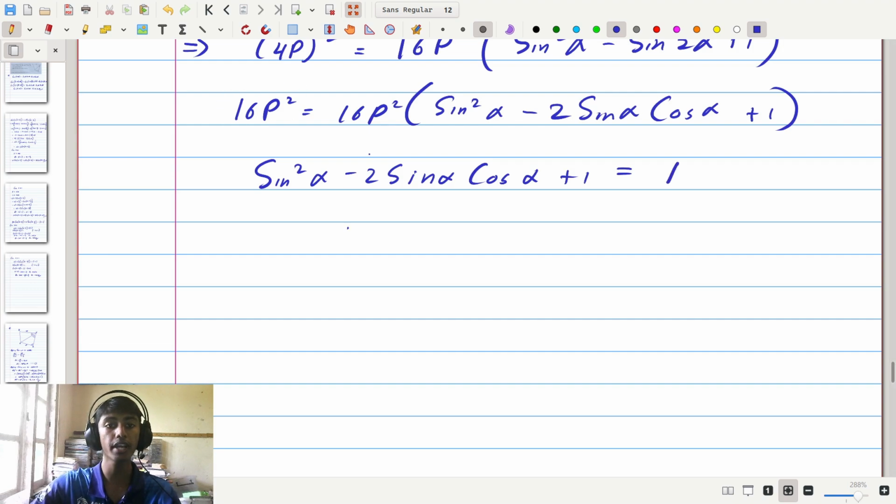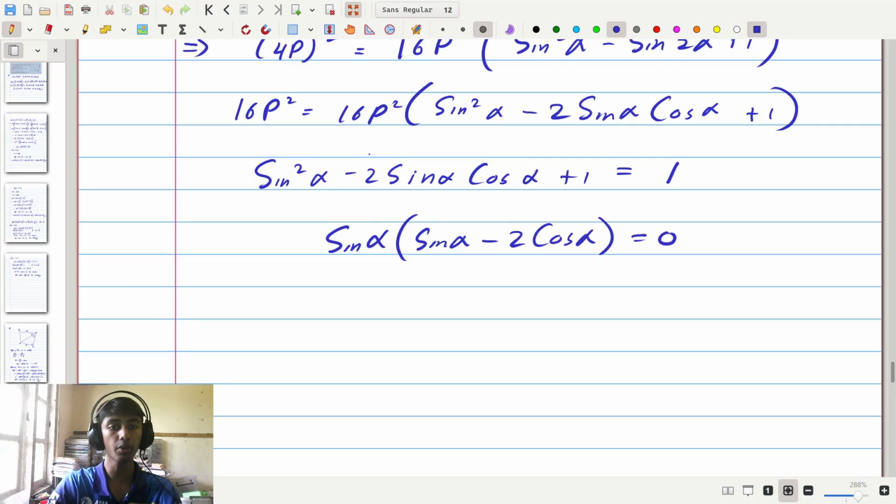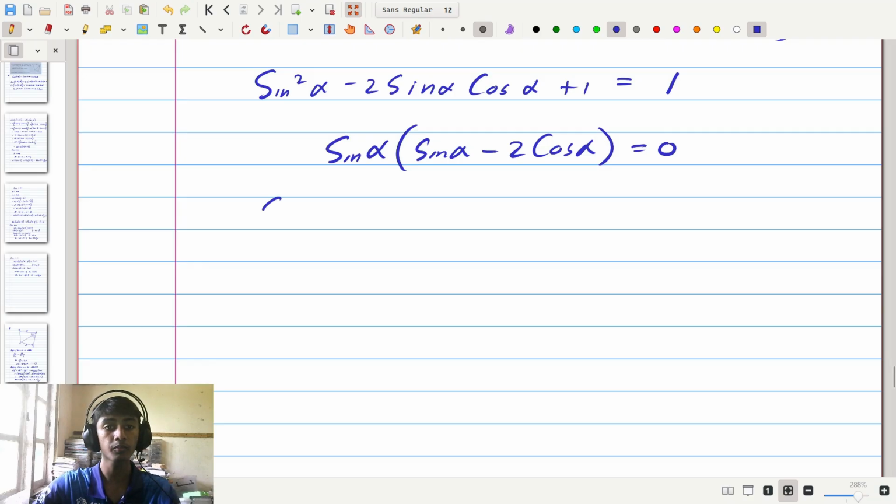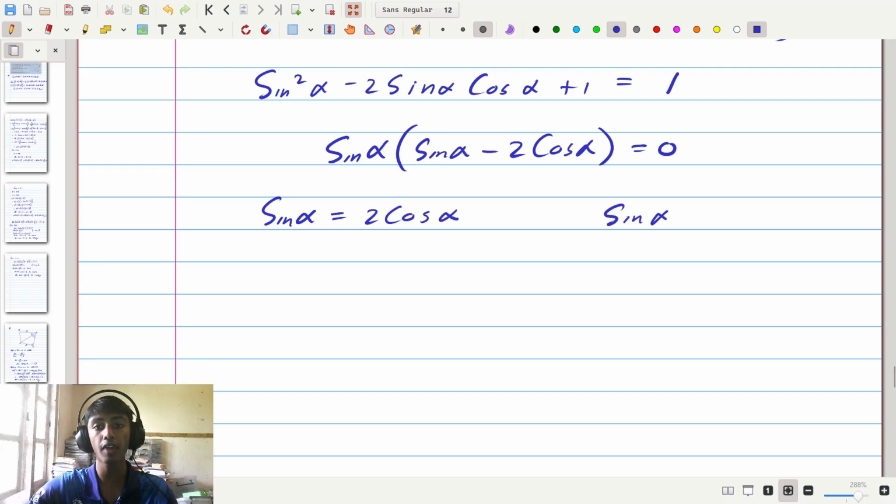So therefore sine squared alpha minus 2 sine alpha cos alpha is equal to 0, and if we take sine alpha out, sine alpha times sine alpha minus 2 cosine alpha must be equal to 0. Now here we can say directly that sine alpha must be equal to 2 cosine alpha, and we can say this because sine of alpha is not equal to 0.